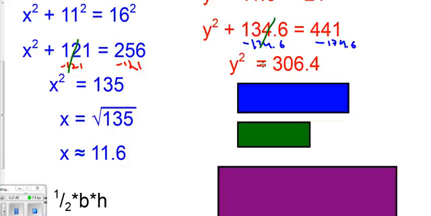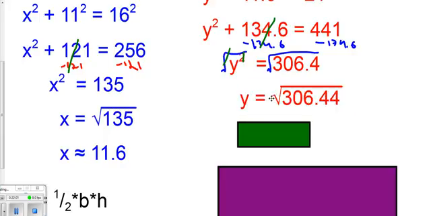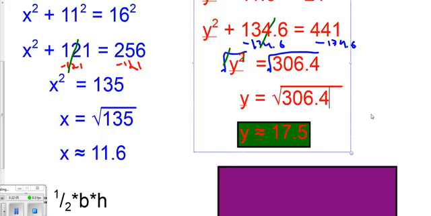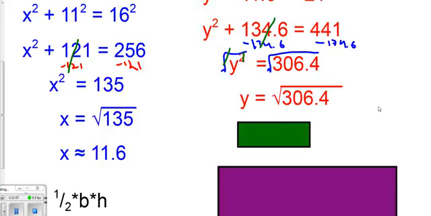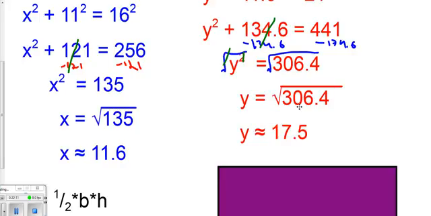So y squared equals 306.4 means we have to take the square root on both sides. This is going to cancel with this. And it now says y equals the square root of 306.4. Solve that on your calculator, plug it in, and we get y is going to be about 17.5, approximately.